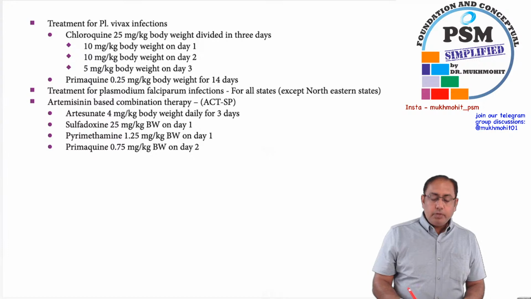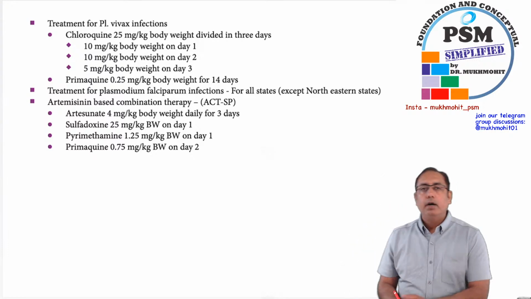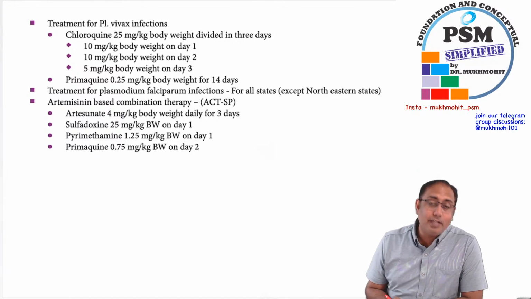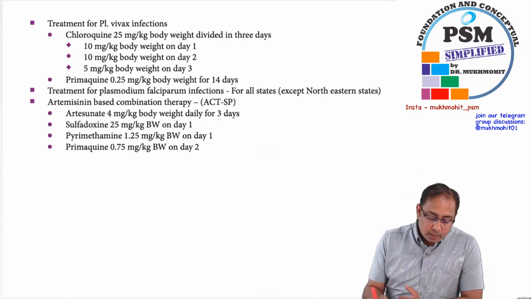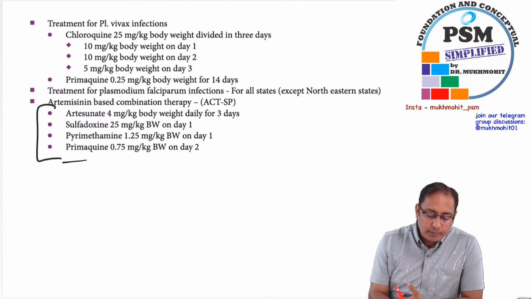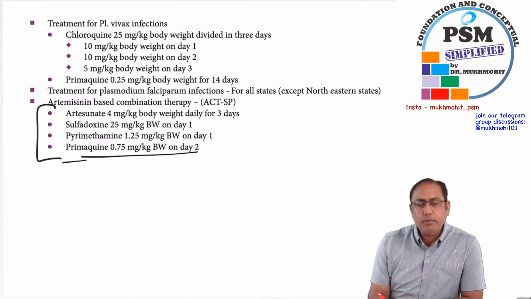I would also like to tell you the dose for artemisinin based combination therapies, or artemisinin derivatives, in case of severe malaria. The artemisinin based combination therapy, you can give it like this, and it is the same which you will give for severe malaria as well. For all other states except the northeastern states, we use this.